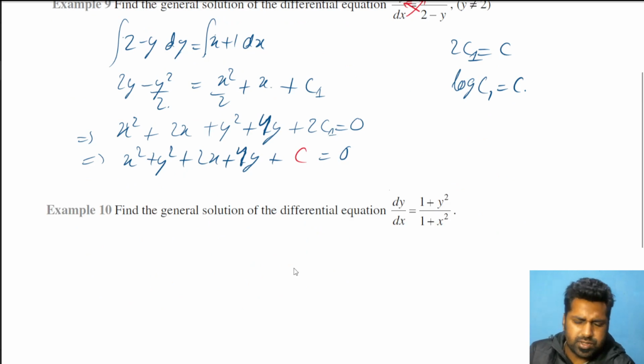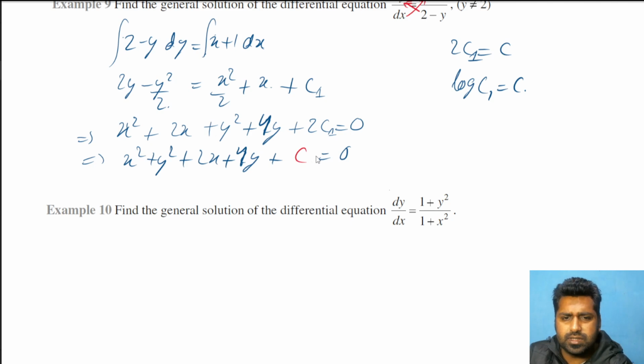Again, you have to find the general solution. General solution means we are writing this arbitrary constant. This is the meaning of general solution. Means you have to express your answer in terms of some constant C. All right, dy by dx is equal to this. So again, we try to separate it. We take this 1 plus x y square in the denominator. We take dx here.